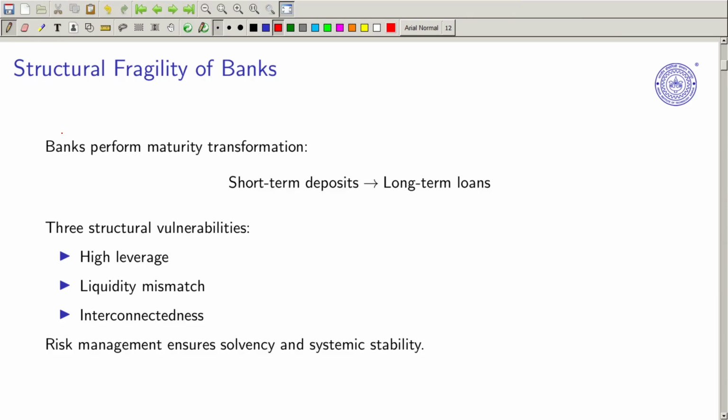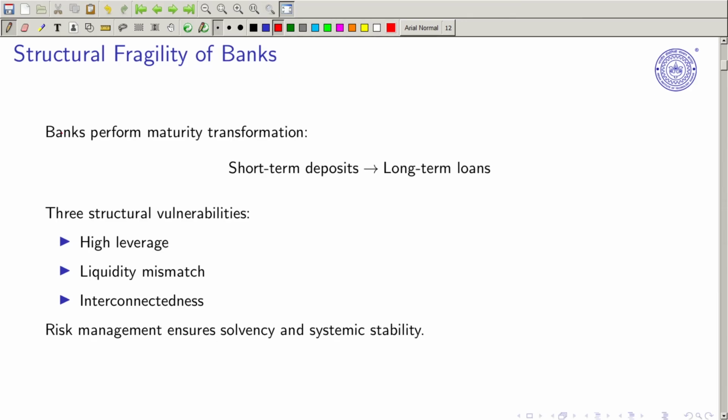Now let's understand the structural fragility of banks. What is the meaning? What is the purpose of a bank? In a typical definition, how do we define a particular bank? A bank can be defined simply as an intermediary between depositor and borrower. The depositor deposits money with the bank.